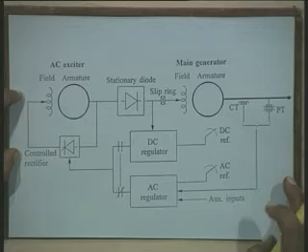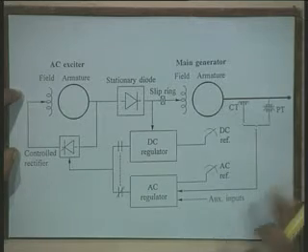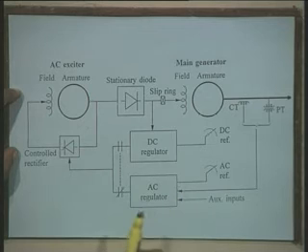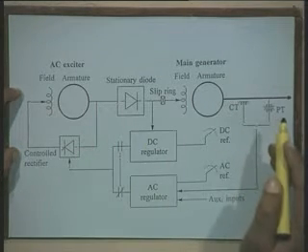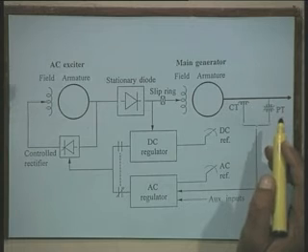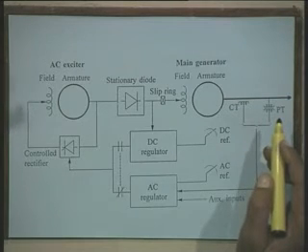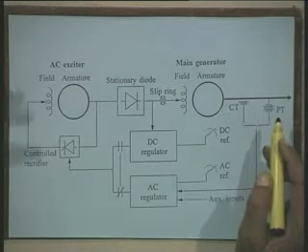Now, this diagram shows the AC excitation system. In AC excitation system, the field power is obtained from AC exciter. The AC exciter is an AC generator, and this AC generator may be driven again by a separate motor or by a shaft of the turbine.